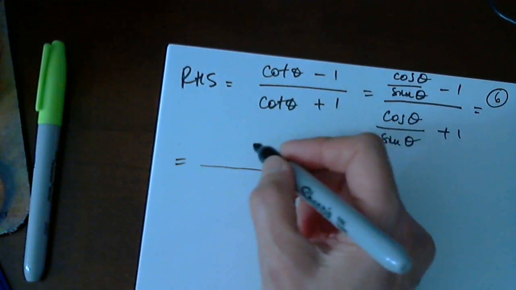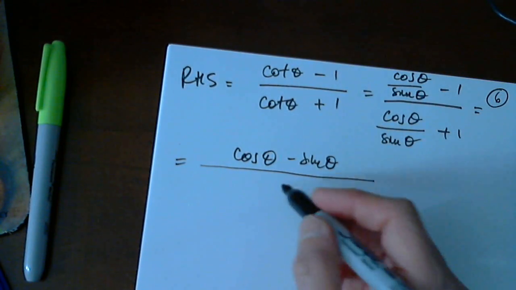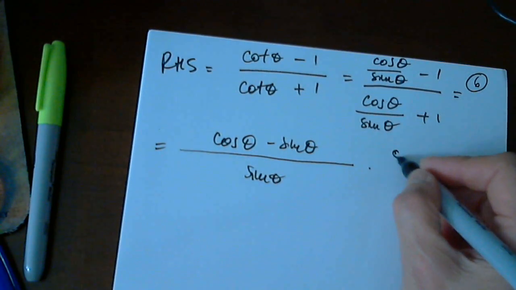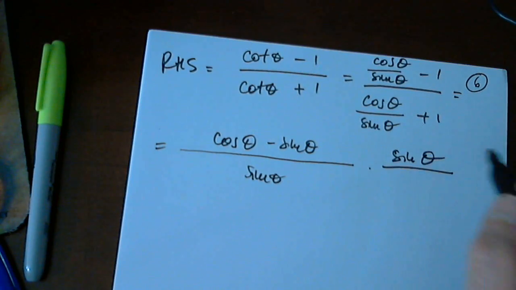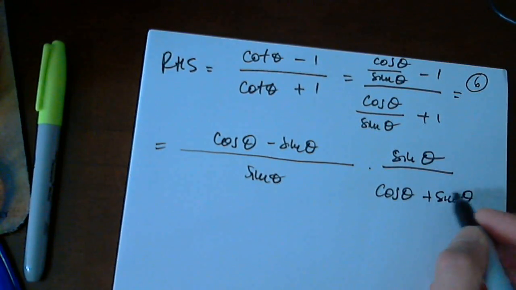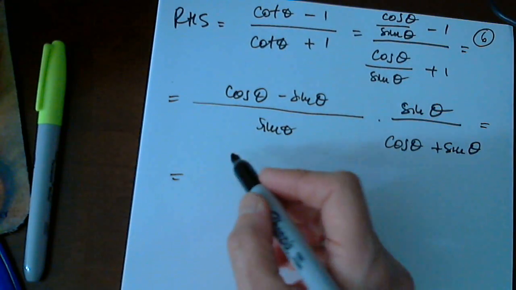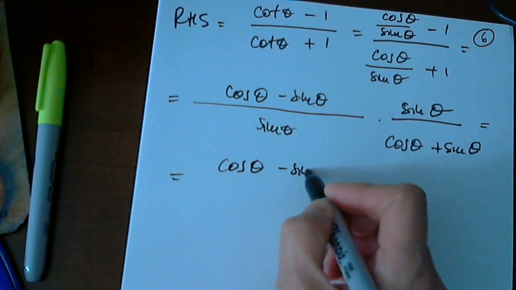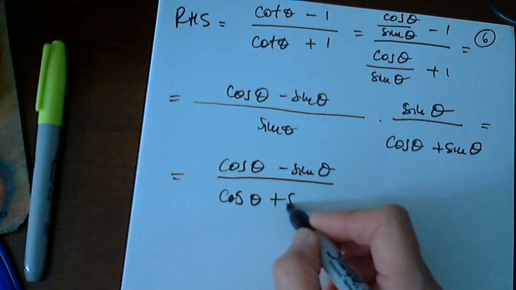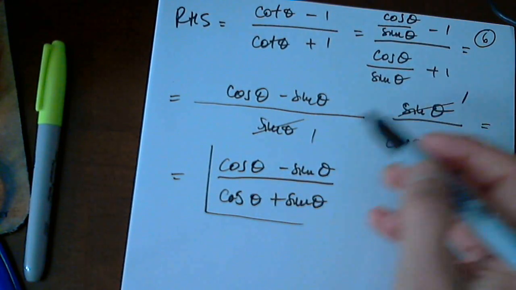Cosine theta minus sine theta over sine theta, times, I flipped the denominator already, sine theta over cosine theta plus sine theta. Okay. So the fully simplified form of the right-hand side is this. There is nothing I can do. Of course, I'll simplify and I get 1.